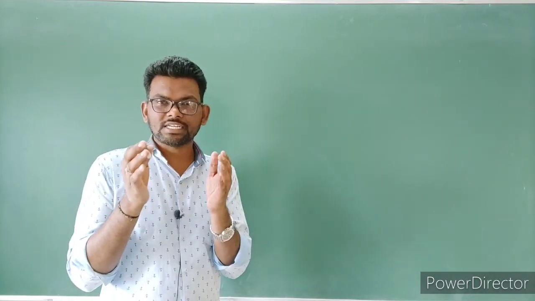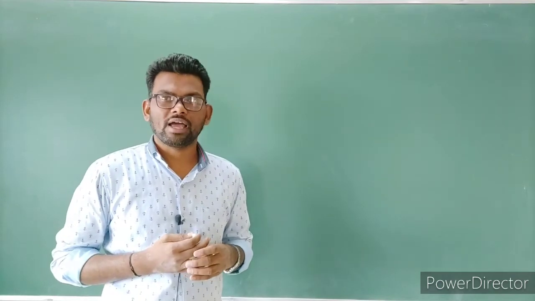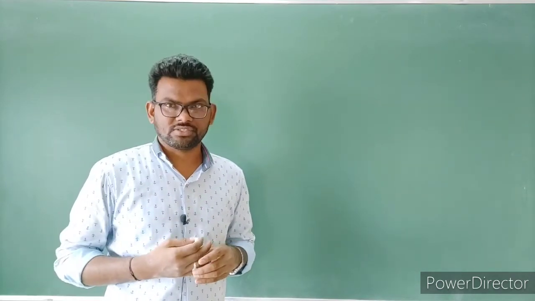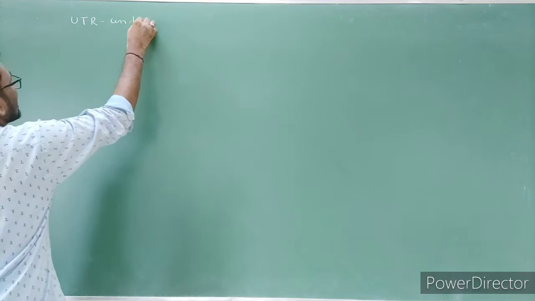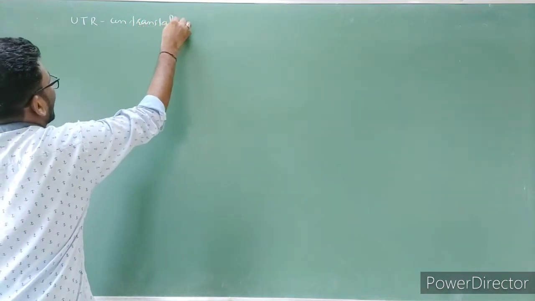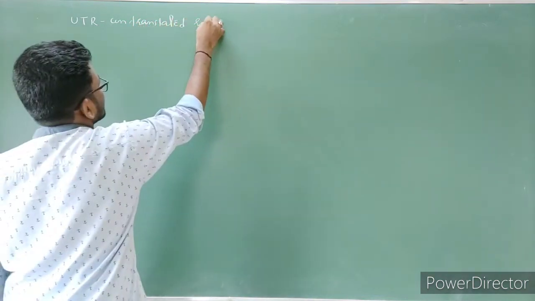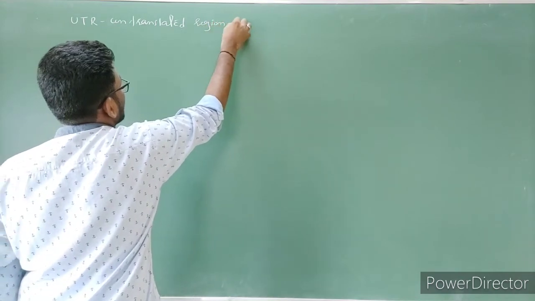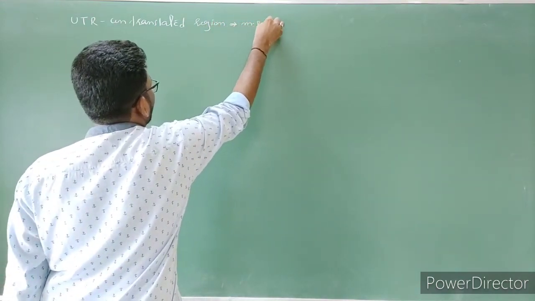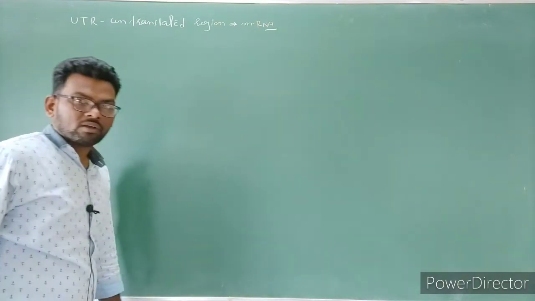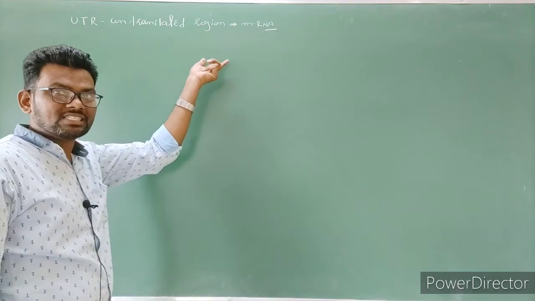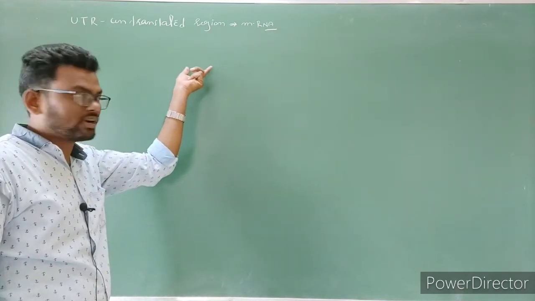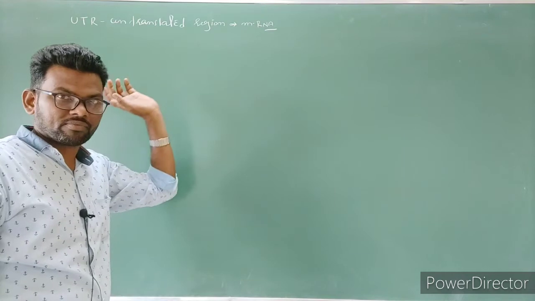Such a non-translated sequence of mRNA is called untranslated regions, UTR, which are present on mRNA. It means the tRNA is not attached on this sequence, and they remain left like that only, right?